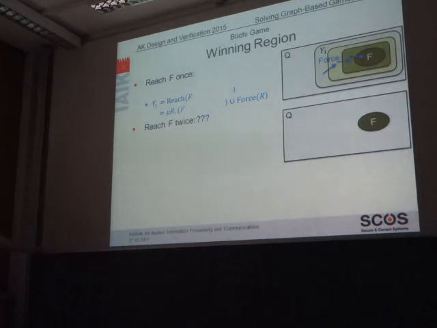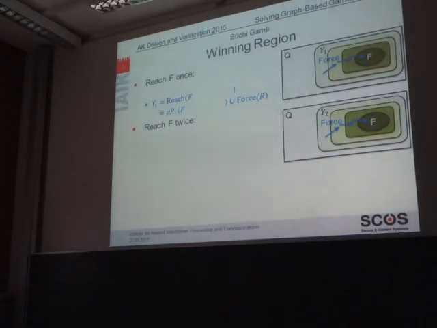I'm surprised. So what I'm claiming is that we should try to reach F once, but not in an arbitrary way. We should try to reach F in such a way that from there we can enforce to go into one of the states y1. Because from the states y1 we already know that we can reach F once more.